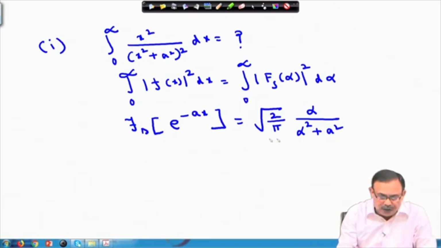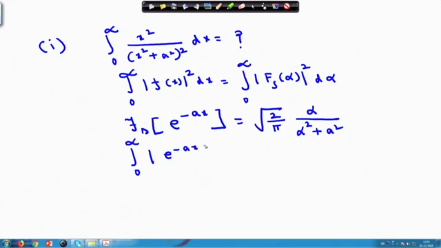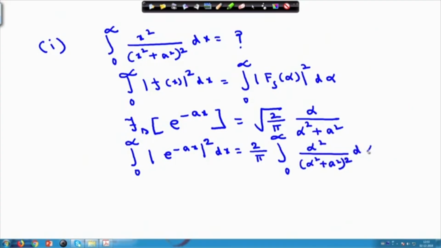So, using this property I can write the integral from 0 to infinity of |e^(-ax)|^2 dx equals 2/pi times the integral from 0 to infinity of alpha^2 / (alpha^2 + a^2)^2 d alpha.